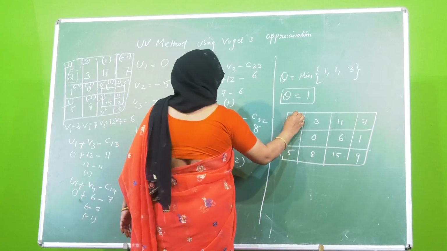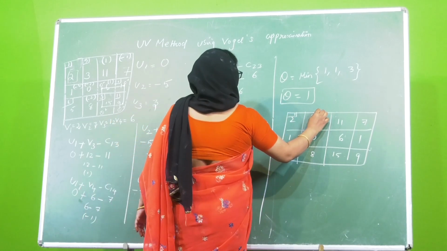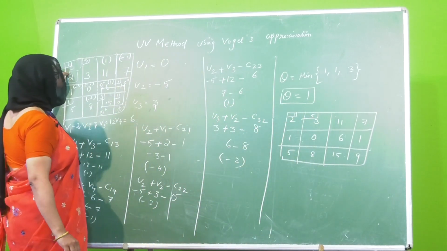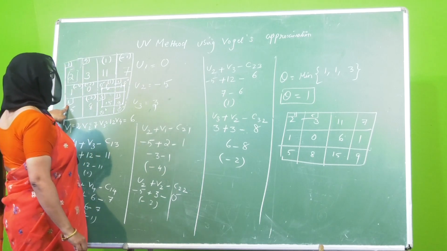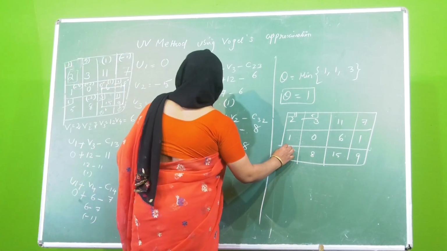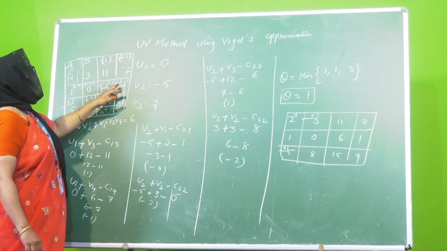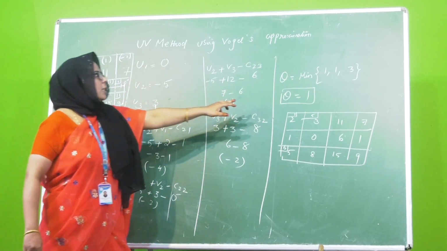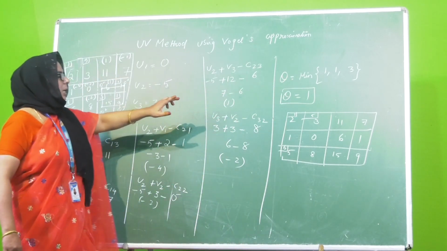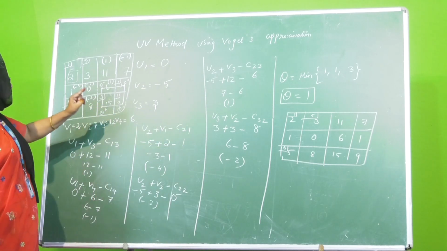We put only the original allocation, the undisturbed original allocation: 1, 5, 6. Okay, so what is the theta? Theta is the minimum value of the original allocation. Theta is equal to 1.